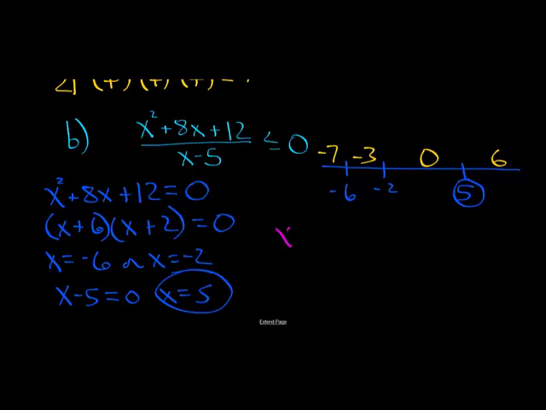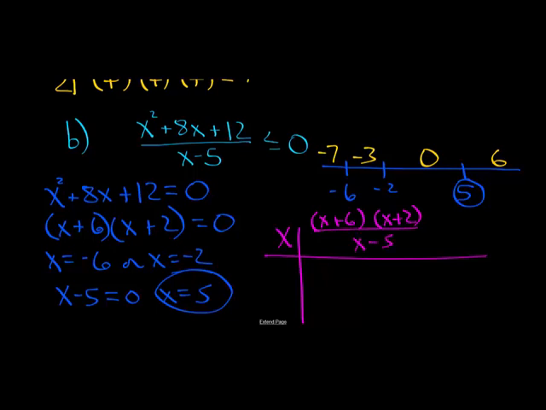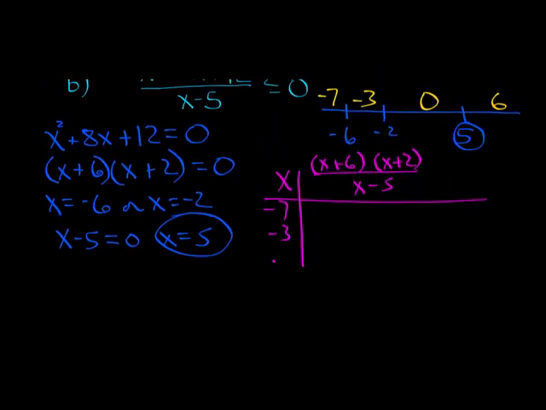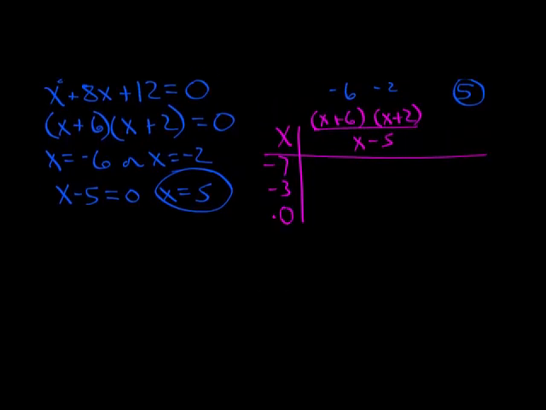So here's what I have. And I'm going to look at the factored form. I've got x plus 6, x plus 2, all over x minus 5. And I'm going to put in a -7, a -3, a 0 and a 6.